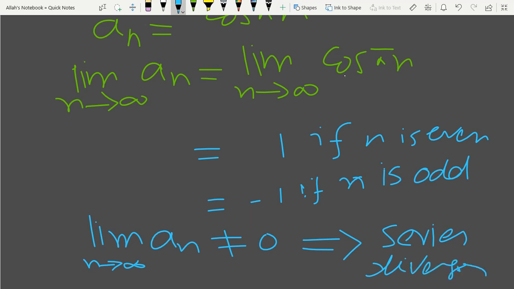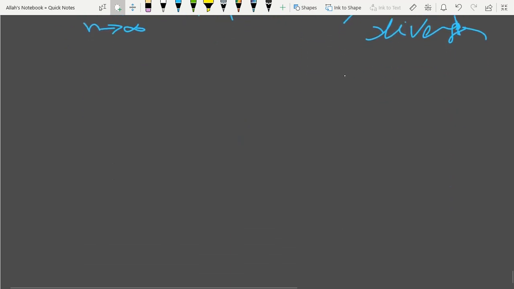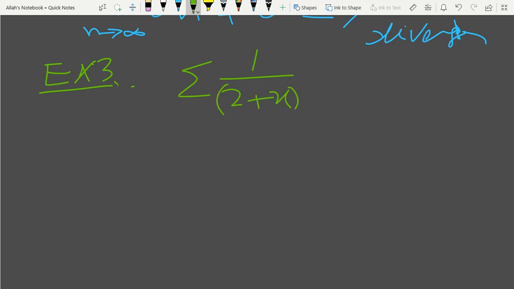Okay, now we move to another example. Exercise 3 is the series of 1 over 2 plus x raised to the power n, where mod x is less than 1.